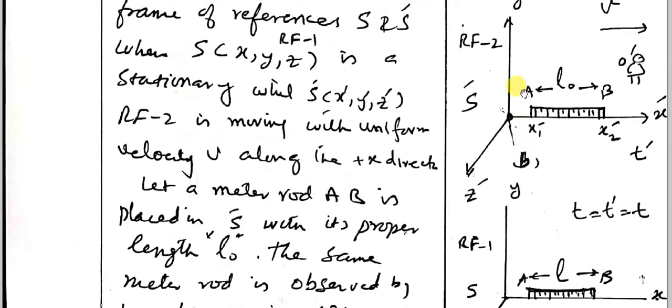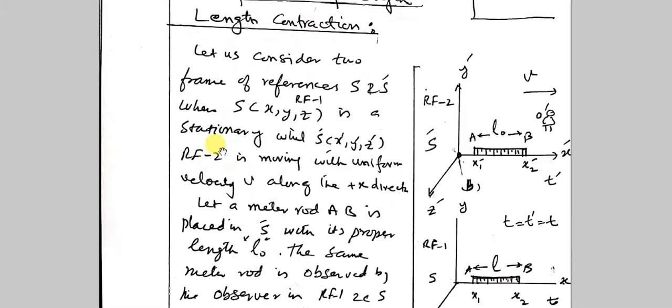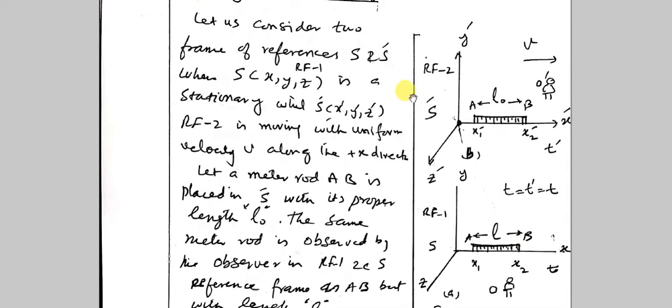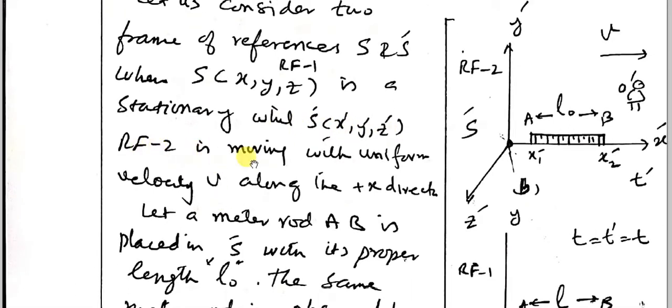Let me make it a little bit smaller, and zoom it so it is visible. S, with coordinates x, y, z, reference frame 1, is stationary, and S prime, with coordinates x prime, y prime, z prime, reference frame 2, is moving with uniform velocity v along the positive x direction.